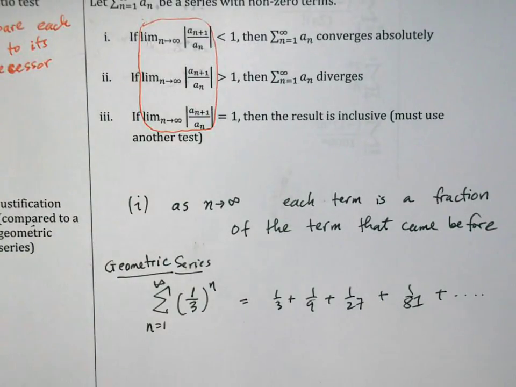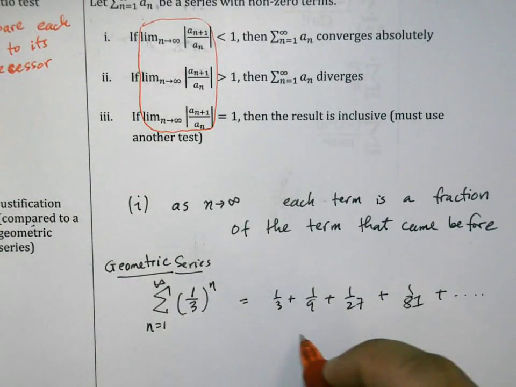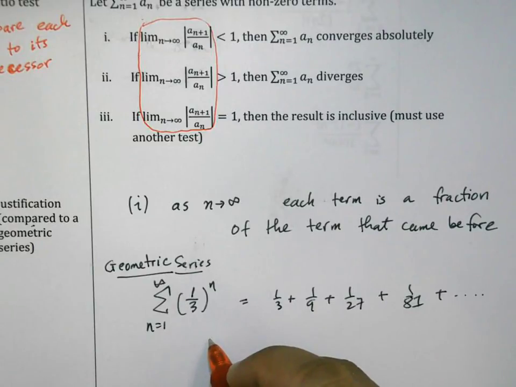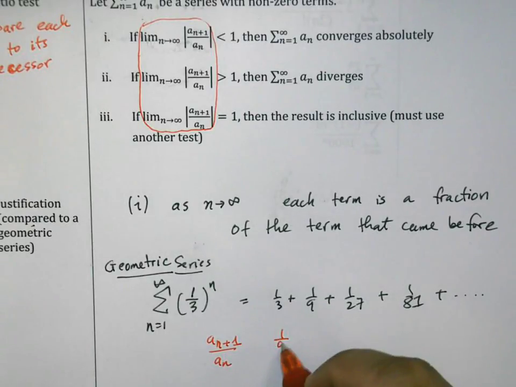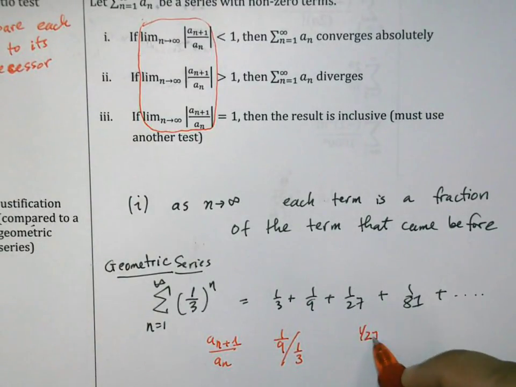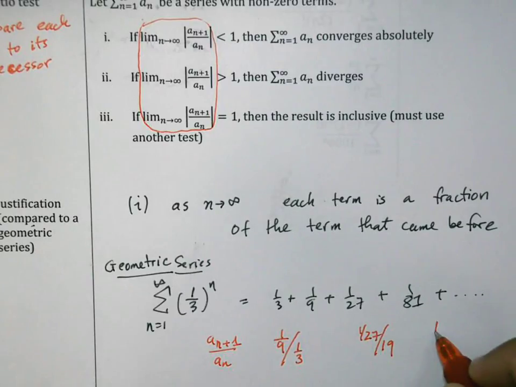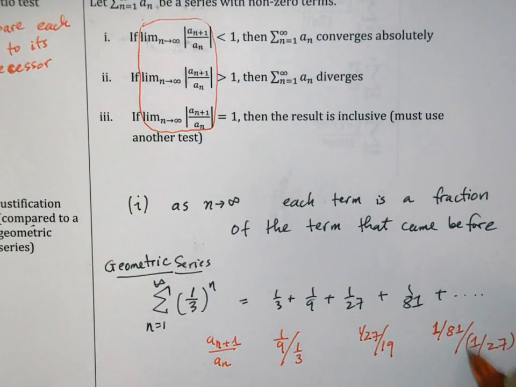Then if we compare the ratio of each of these terms, right? So if we compare a sub n plus 1 over a sub n, then what we end up with here is 1/9 divided by 1/3, and then 1/27 divided by 1/9, and then 1/81 divided by 1/27.